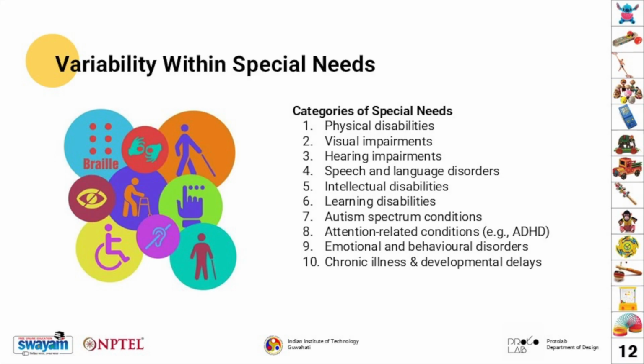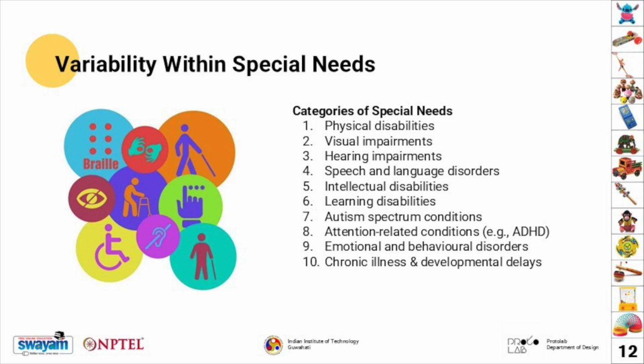Let's briefly understand each category. Physical disabilities include conditions that affect movement, strength, coordination, or motor control. These children may face barriers related to grip, reach, balance, or endurance during play.